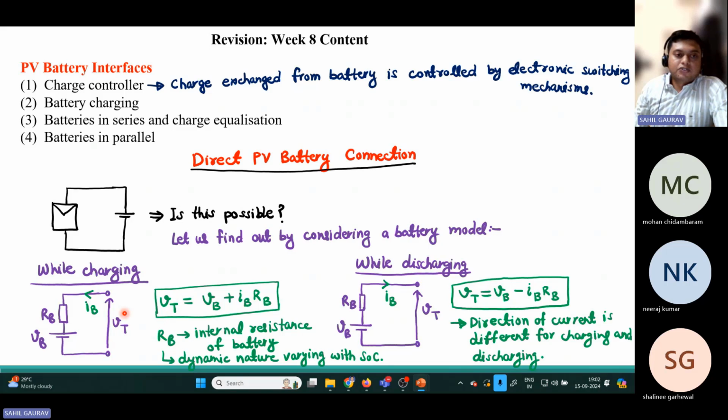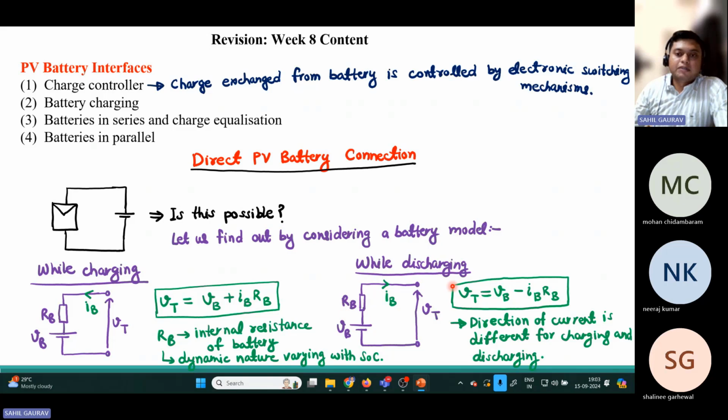So here, during the charging condition, the terminal voltage of the battery will be VB plus IB RB. And this RB is the internal resistance of the battery, and we know that this is dynamic in nature and usually varies with the state of charge of the battery. In contrast, during the discharging condition, the current direction will reverse.